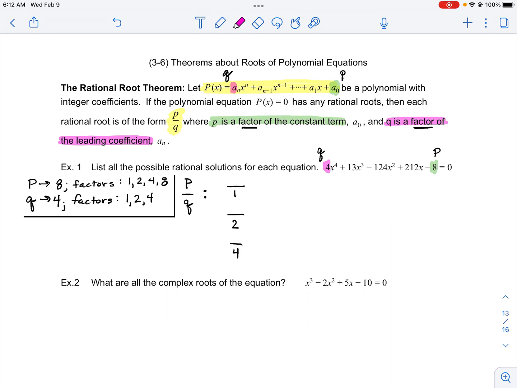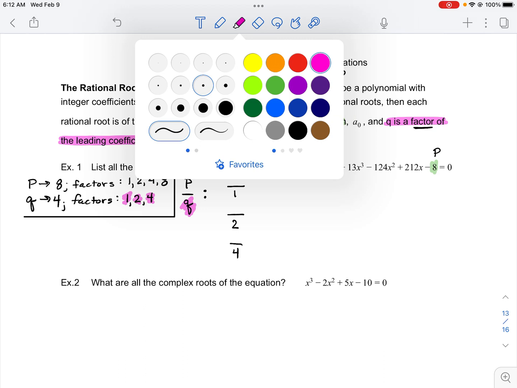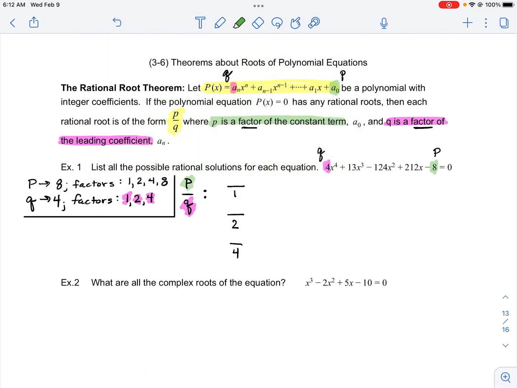And again, I'm getting those from the Q value, and these were all of my Q's, 1, 2, and 4. And so now I'll focus in on my numerator, the P's. So for each of those denominators of Q, 1, 2, and 4, now I'm going to put these 4 values of P with them.